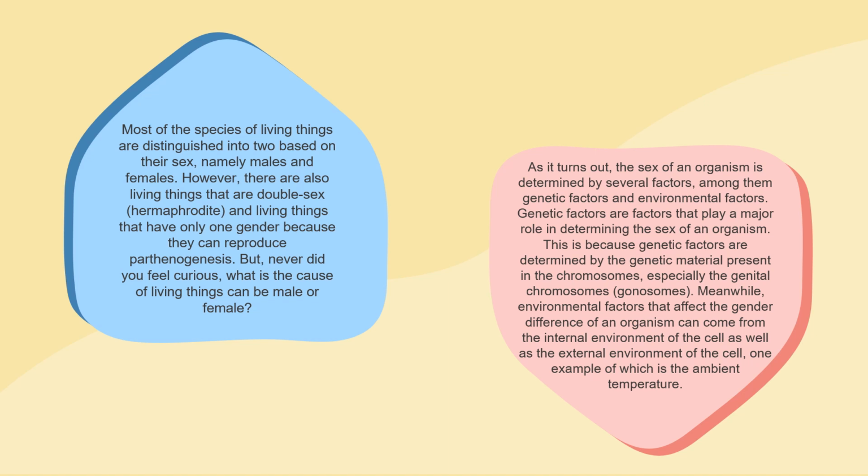As it turns out, the sex of an organism is determined by several factors, among them genetic factors and environmental factors. Genetic factors play a major role in determining the sex of an organism. This is because genetic factors are determined by the genetic material present in the chromosomes, especially the sex chromosomes or gonosomes.